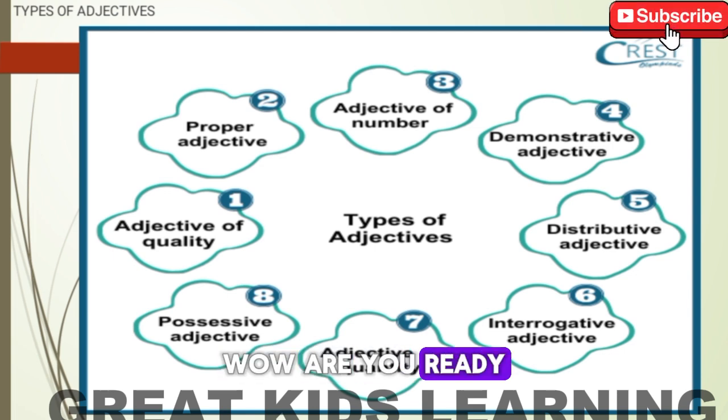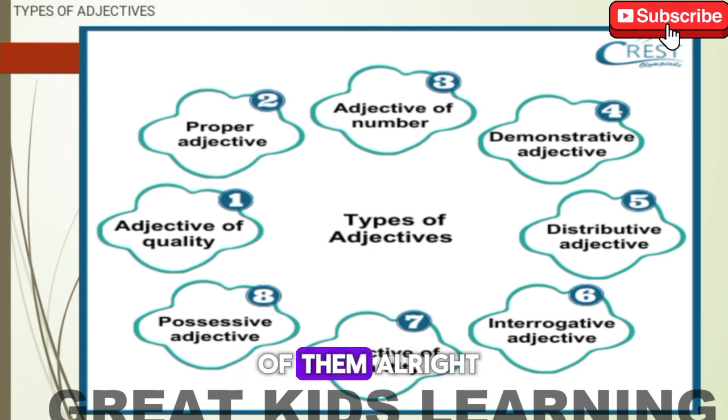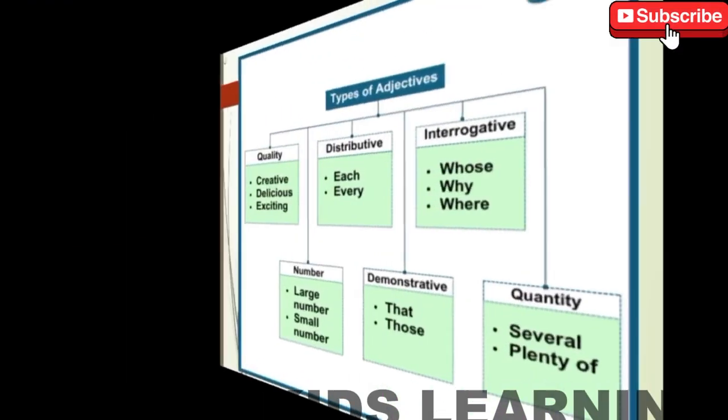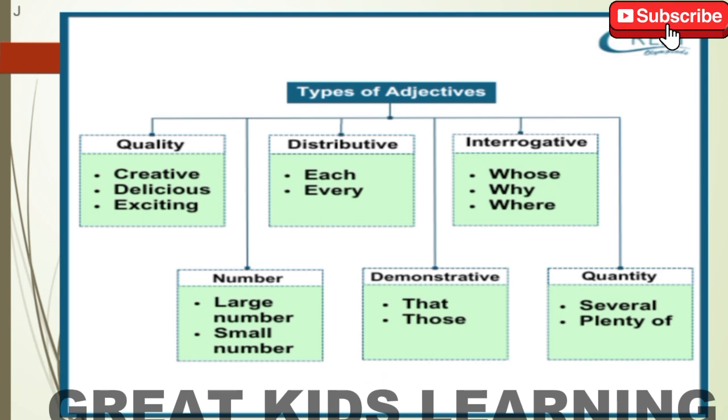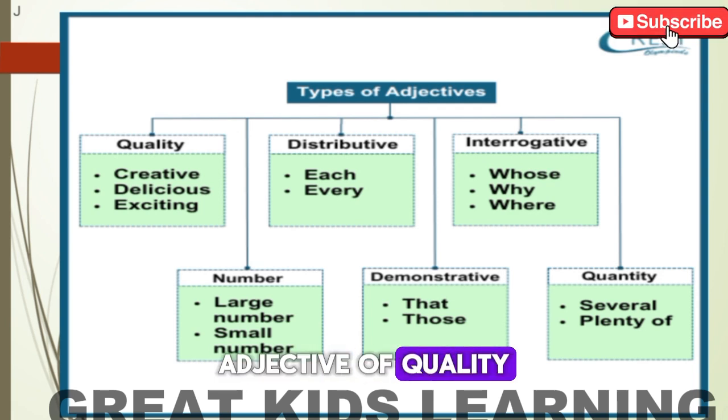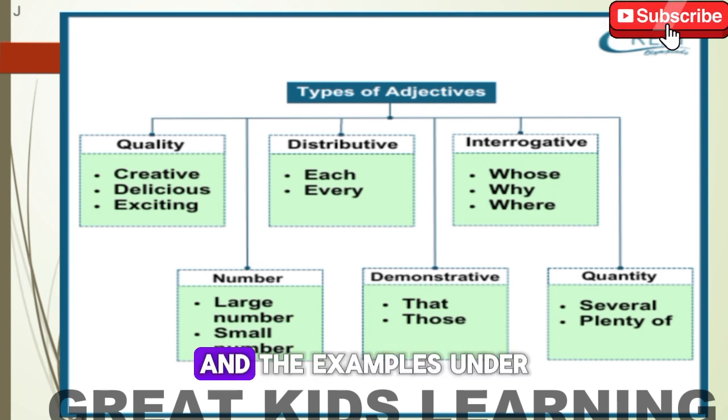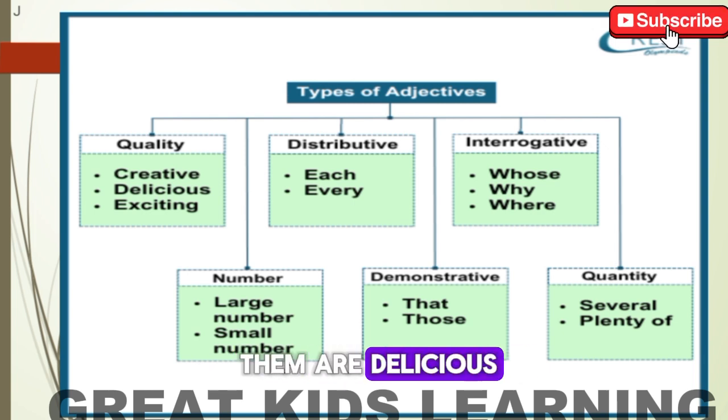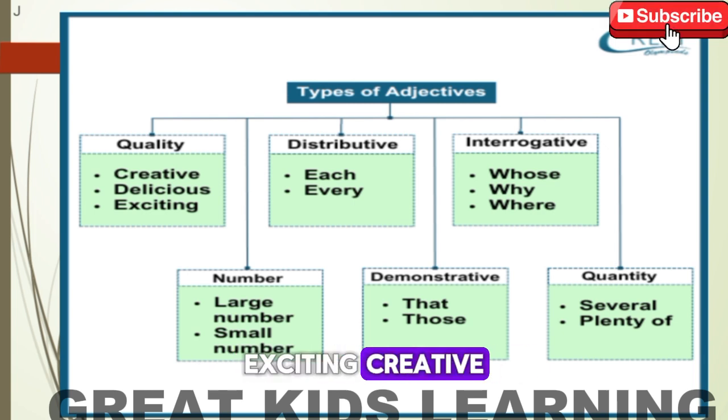Wow, are you ready to learn all of this? Okay, for the sake of this class, we will be talking about just a few of them. All right? So, adjective of quality.